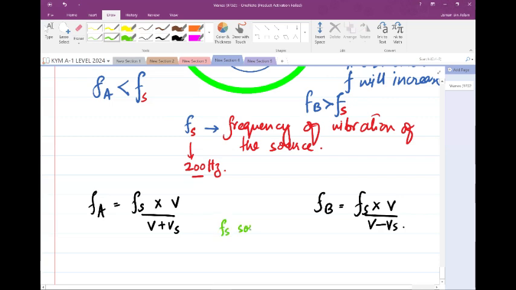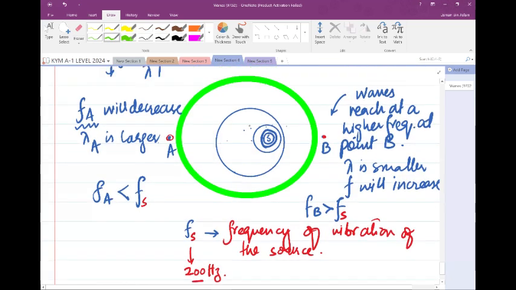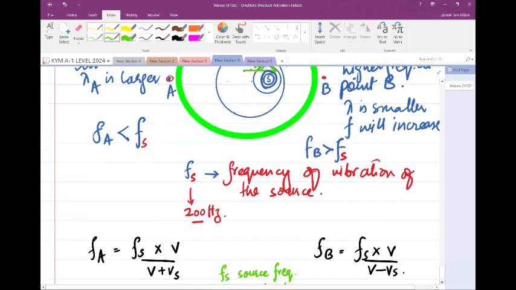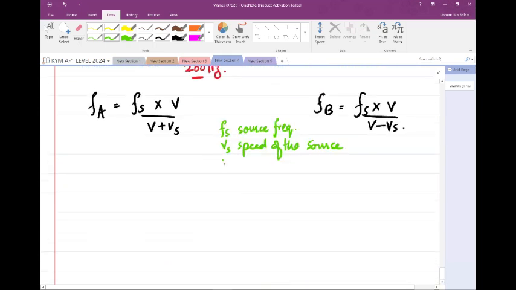Fs is the source frequency. Vs is the speed of the source. In the above diagram, we saw that the source started to move towards the right, so it was moving with a speed called Vs. Also, the small v without any subscript is going to be the speed of the wave.